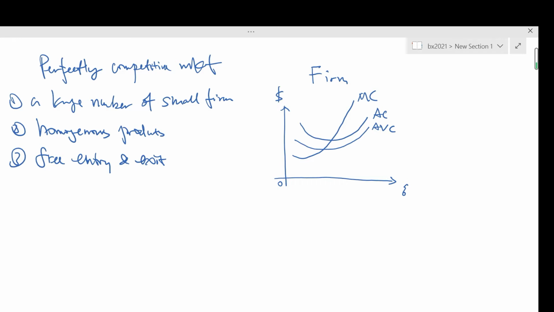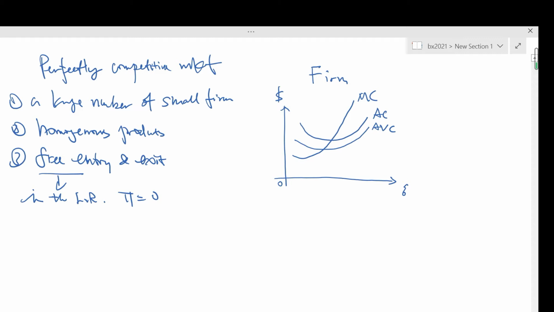The implication of this is that in the long run, each firm's profit must be zero, because if it's a positive profit, there will be more firms entering the market, and that's going to drive down the profit.